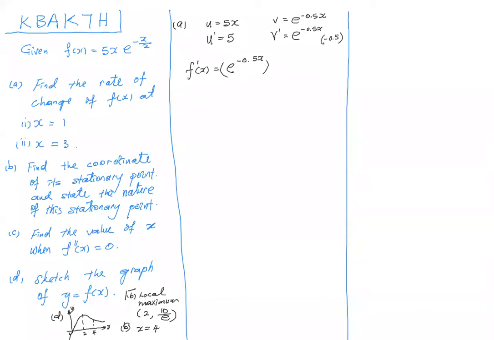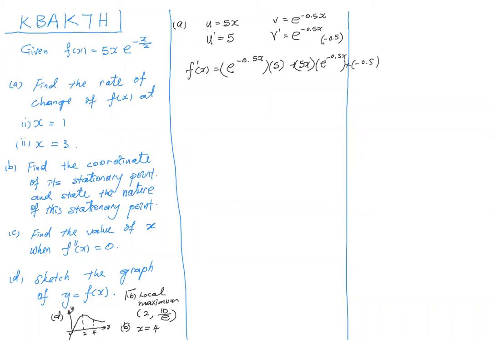So v u prime, what is my u prime? 5. Okay, plus u times v prime. So what is my u? 5x. Yeah, times e to the power negative 0.5x times negative 0.5.